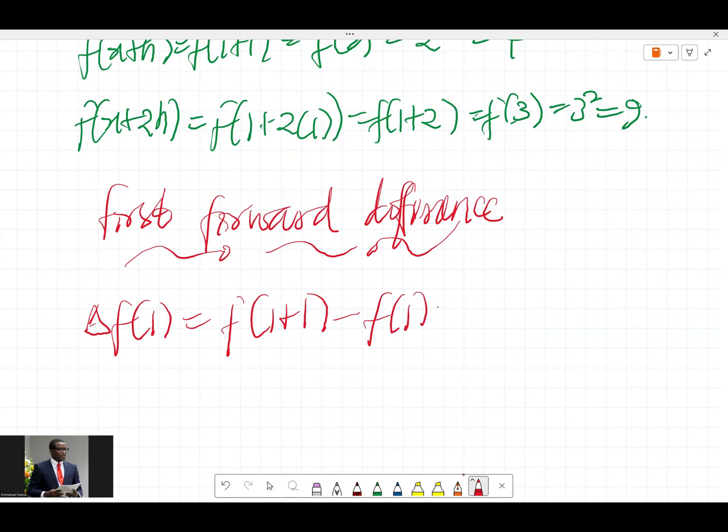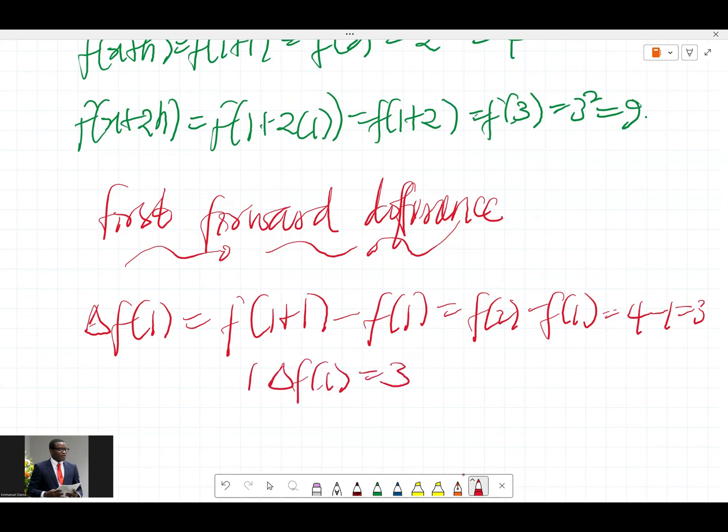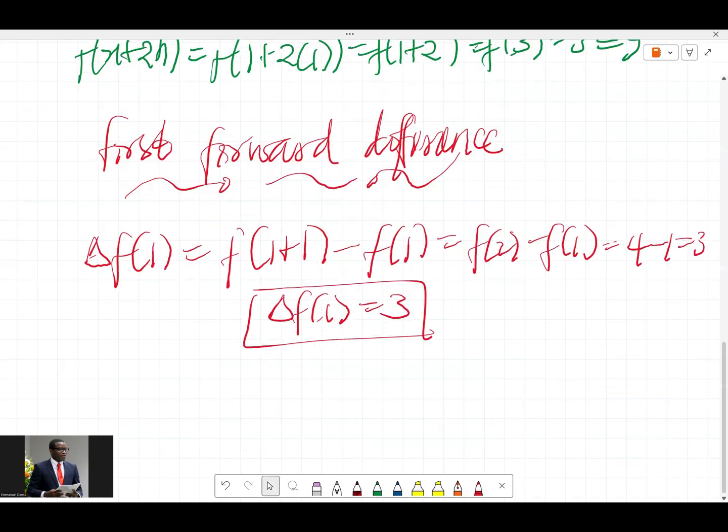That would be f of 2 minus f of 1, and that is equal to 4 minus 1 equals 3, like we have up there. So delta f of 1 is basically 3 already.